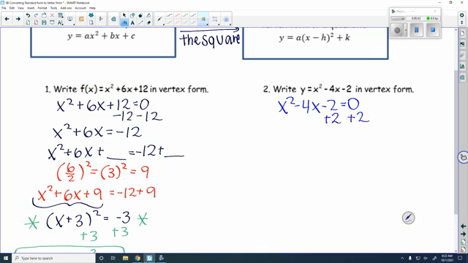The 2, good. X squared minus 4x equals 2, and then set up your plus in your line. I'm going to give you some time to find b over 2 squared on your own. What did you get for b over 2 squared? Good.